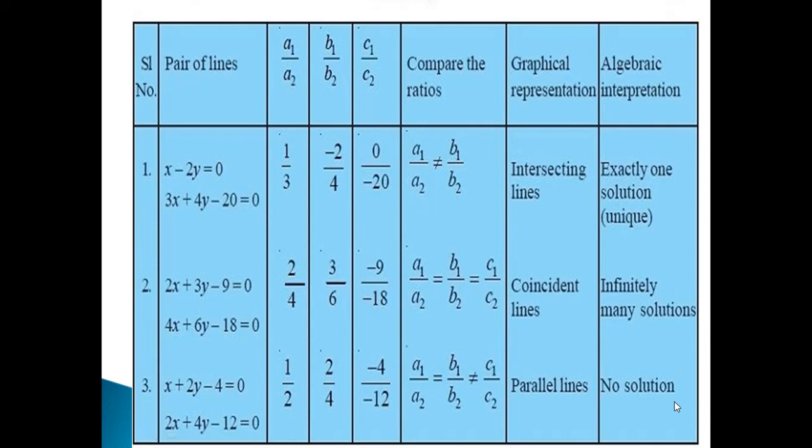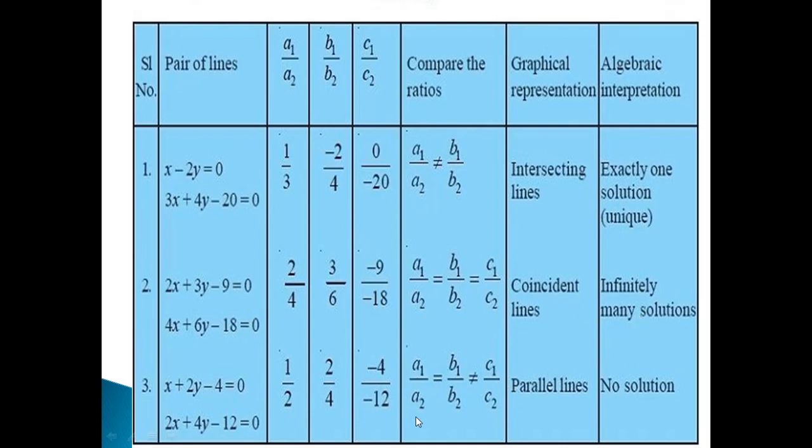So, by comparing the ratios of the general form of linear equations, a1x plus b1y plus c1 is equal to 0 and a2x plus b2y plus c2 is equal to 0: if a1 by a2 is not equal to b1 by b2, the lines are intersecting lines, and we have a unique solution. If a1 by a2 is equal to b1 by b2 and equal to c1 by c2, we get coincident lines, meaning infinitely many solutions.